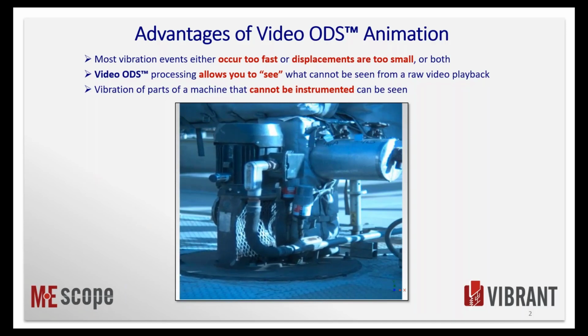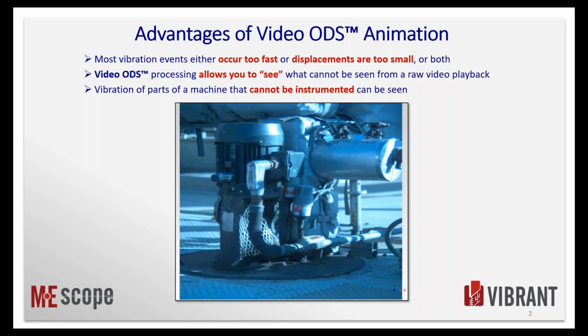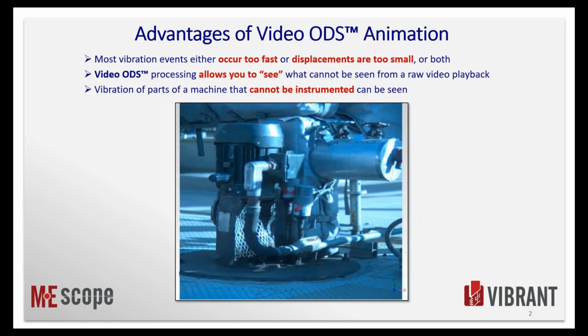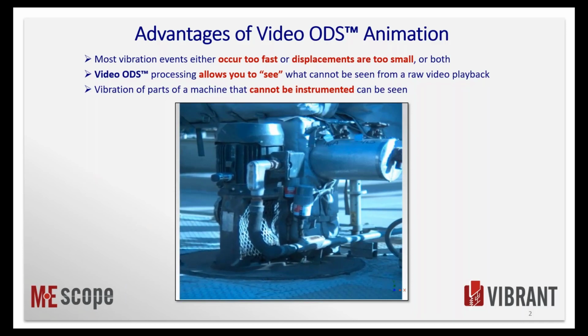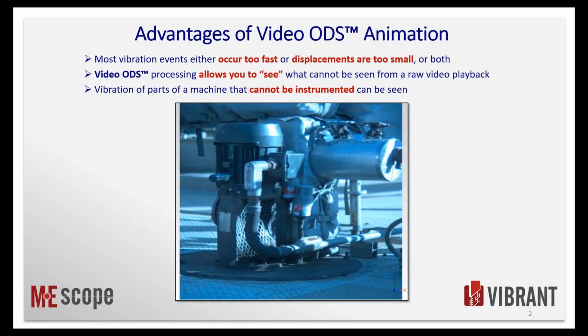Advantages. Most vibration occurs too quickly, or displacements are very small, or both. So we need some special software to extract vibration, like you're seeing on the screen here, from a video.